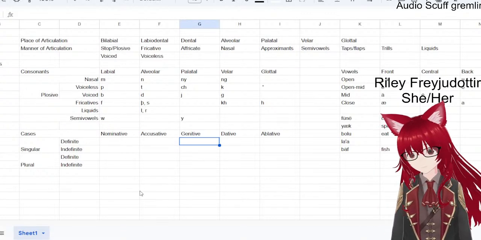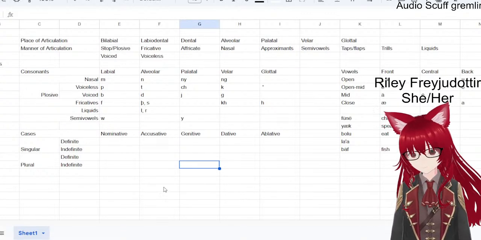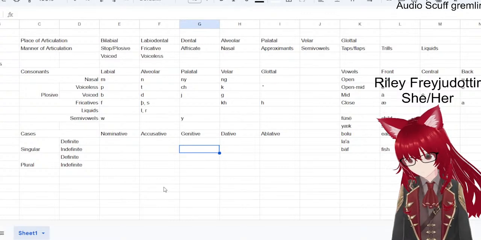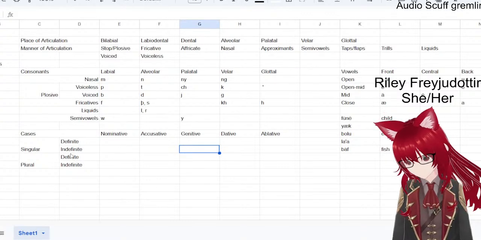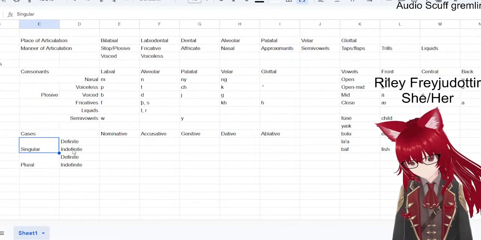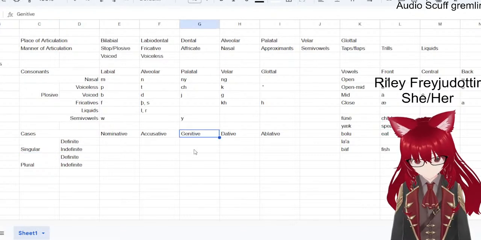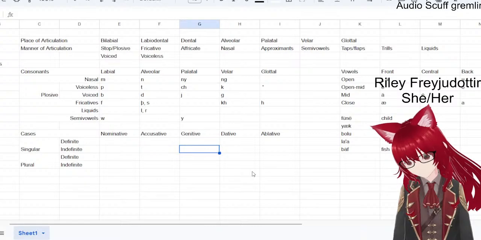Or if I wanted to say some kid's bicycle, right? Kid would be in the singular, one kid, indefinite, genitive, because it's possessed.